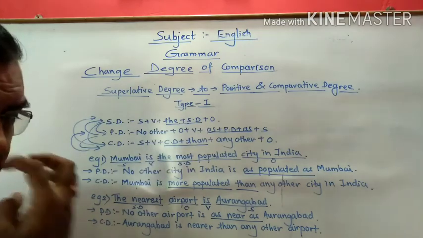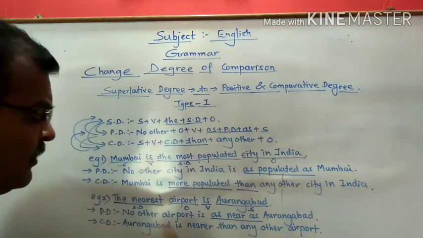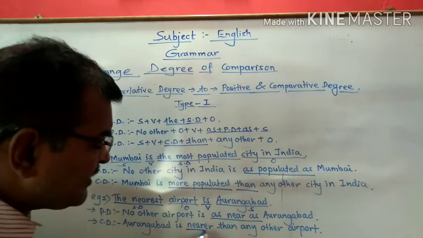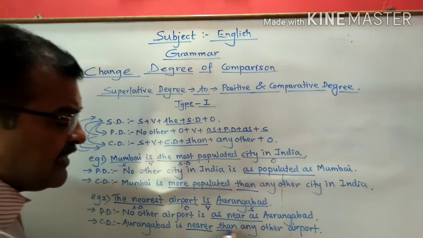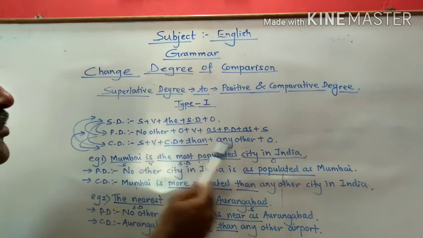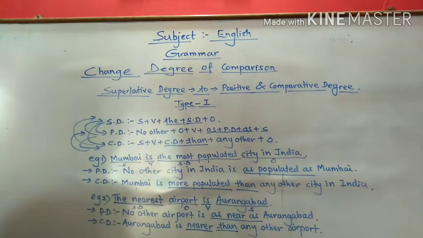Now in the comparative degree sentence, we have to take the comparative form of this word. What is the comparative degree of "nearest"? That is "nearer". And we know along with the comparative degree we write "than". So we have written "nearer than". Then according to the construction we need "any other airport".